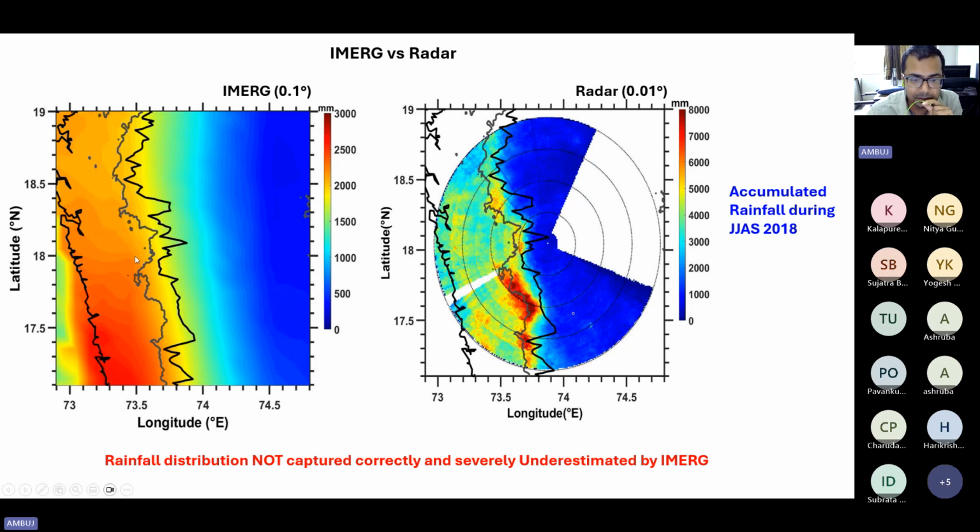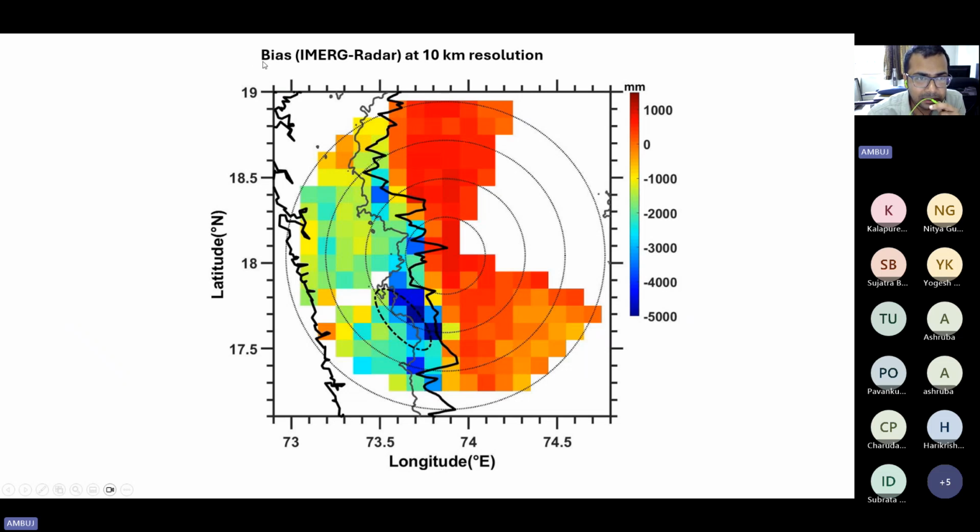Satellite estimate studies which have been done for IMERGE data have shown that IMERGE has a difficulty in capturing the true nature of rainfall distribution and magnitude where rainfall is contributed by orographic lifting.